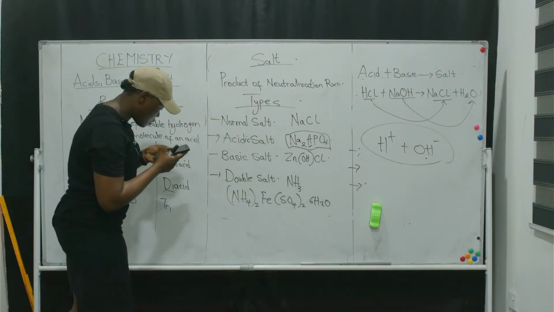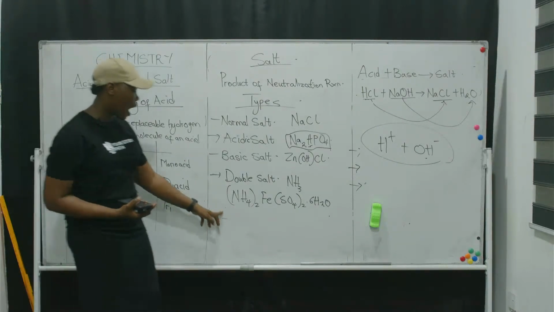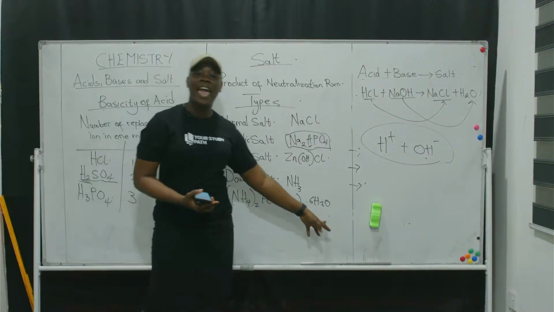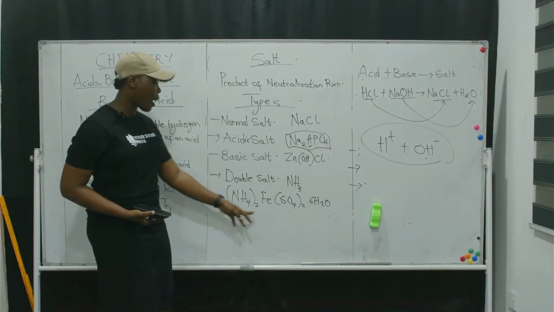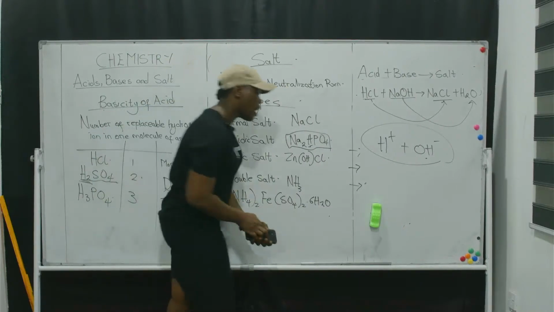This is ammonium ion 2 tetraoxosulfate 6 heptahydrate. Let me take that again. Ammonium ion 2 tetraoxosulfate 6 heptahydrate.